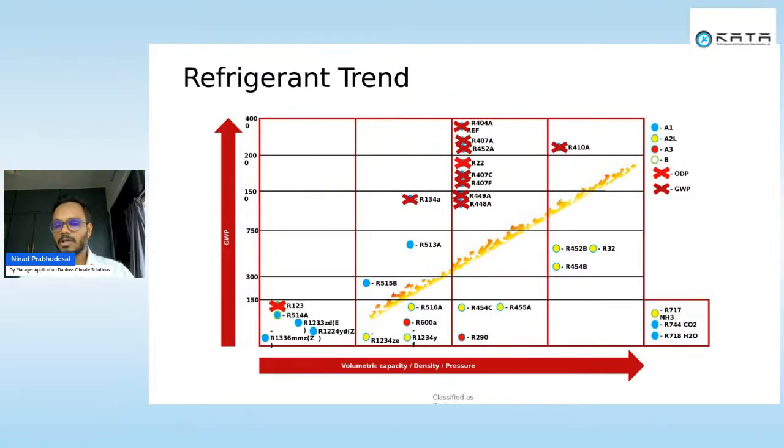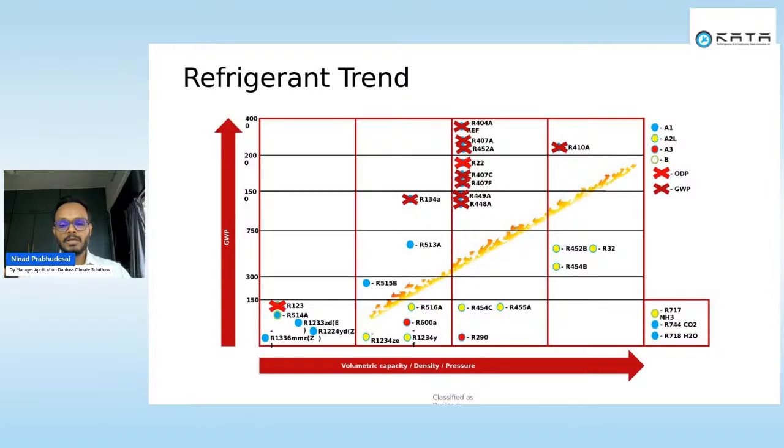So when we say that the heat pump is efficient, it also has a fuel which we call a refrigerant. In that case, more and more refrigerants are coming into the picture, just because of the drive to reduce global warming potential and to go towards natural refrigerants, or GWPs which are lesser than 150.